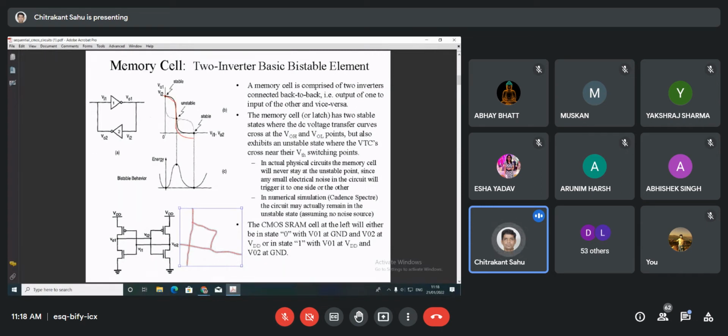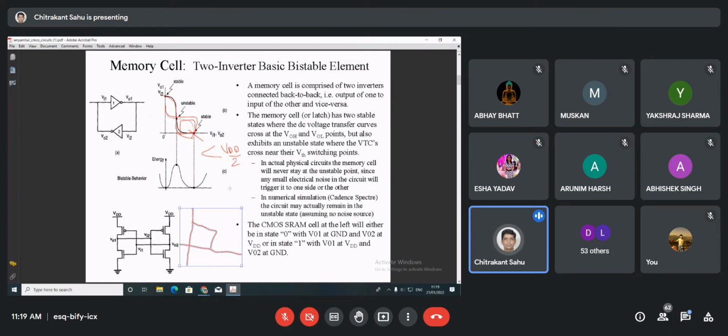Okay, and in a practical situation, if we measure the square box inside the butterfly curve, that will always be less than VDD by 2. Okay, suppose VDD is 3 volt, so always noise margin is less than that. Okay, it depends upon the measurement. Okay, and for the ideal value, it should be equal to VDD by 2.